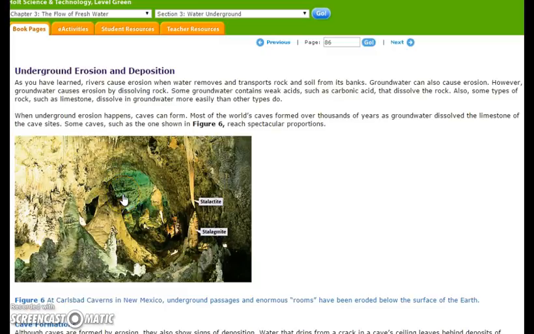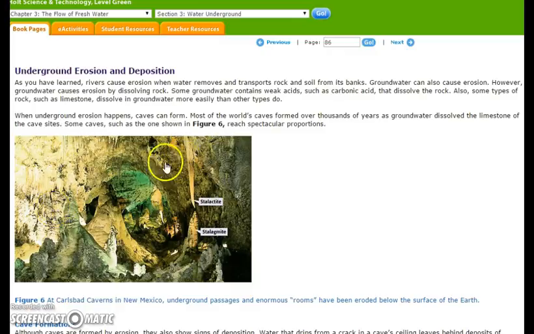This is also what can happen underground. The rock underground can be more solid in some places and less solid in others, allowing the flowing water to little by little carve out paths. This is where caves come from. So, if anyone has ever been in a cave, it is the result of underground erosion from flowing water.